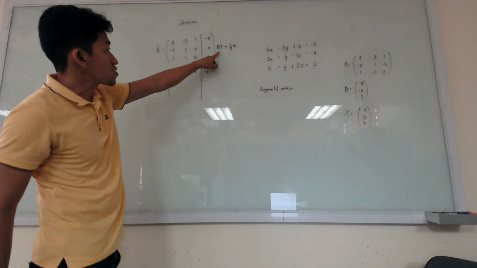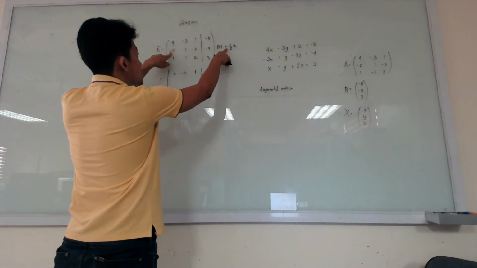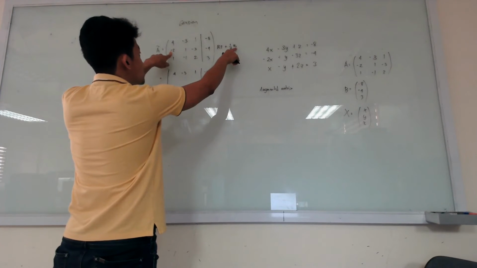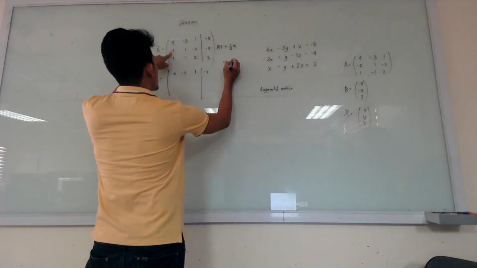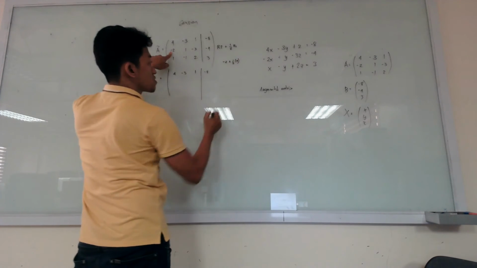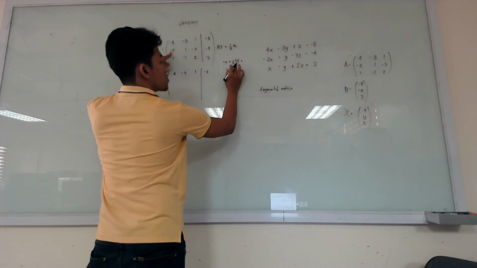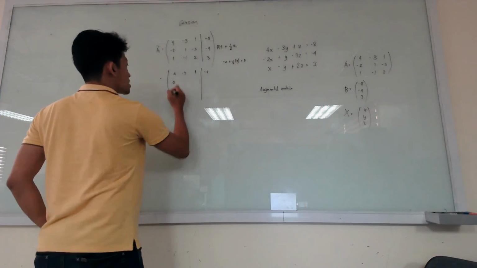Okay. Row 2. So ang row 2 kani negative 2 plus 1/2 R1. So you have negative 2 plus 1/2 times 4. 4 over 2 is 2. So negative 2 plus 2 is 0. So muna ma-0 ni siya.